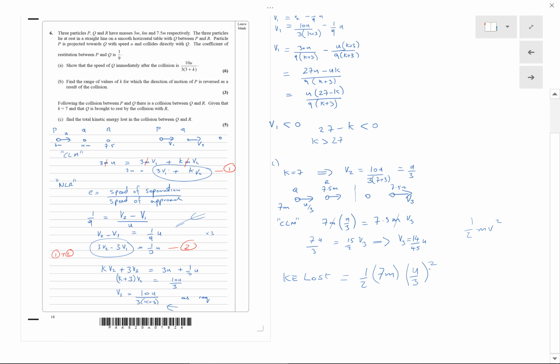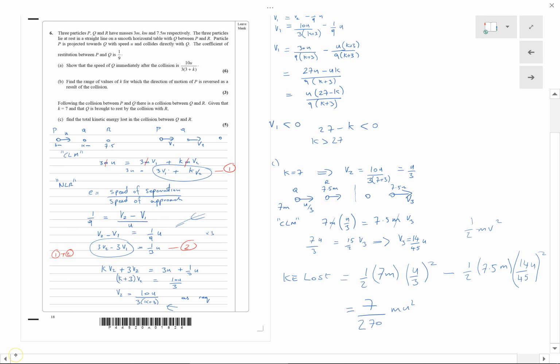That's the speed of Q before, and R isn't moving, and then afterwards it's half times 7.5 m times 14 over 45 u squared. And breaking all that down, that comes to 7 over 270 mu squared. Okay, so that's question 6 done.